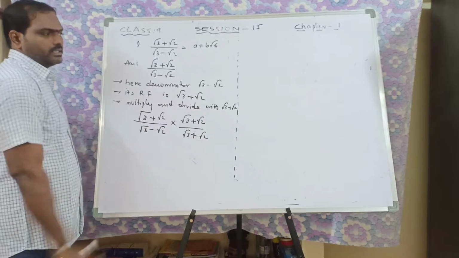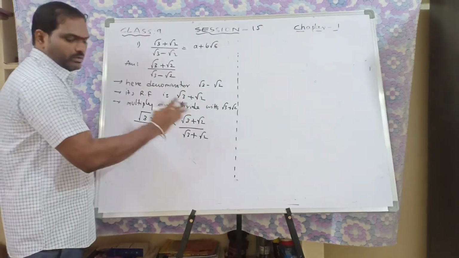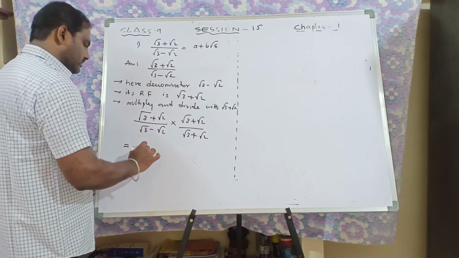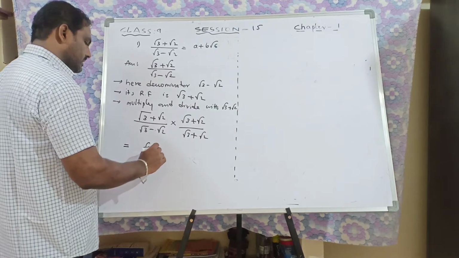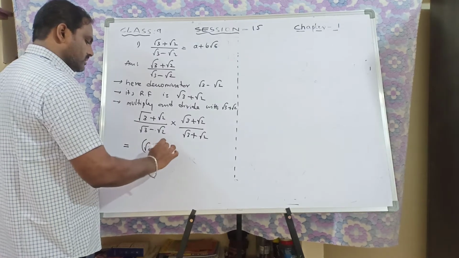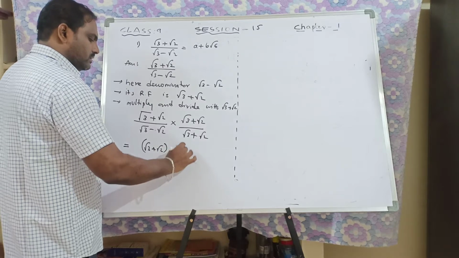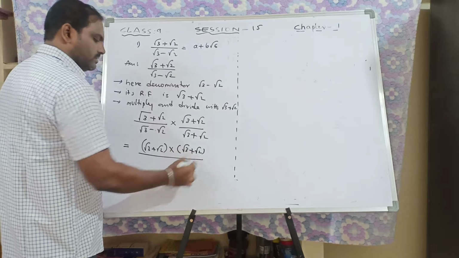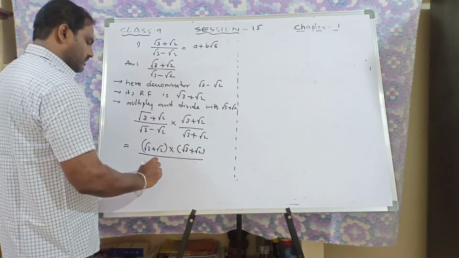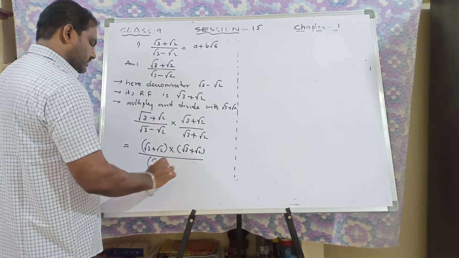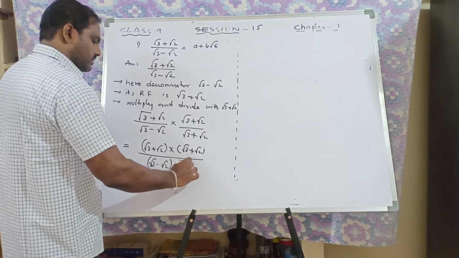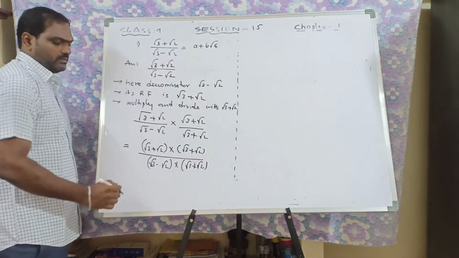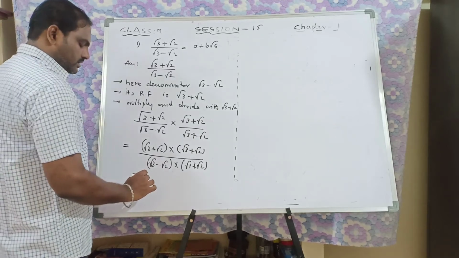Whenever a multiplication symbol is there, what do we have to do? Multiply the numerator with the numerator, and the denominator with the denominator. So the next step: root 3 plus root 2 into root 3 plus root 2, by root 3 minus root 2 into root 3 plus root 2. Here we have to recall three formulas.